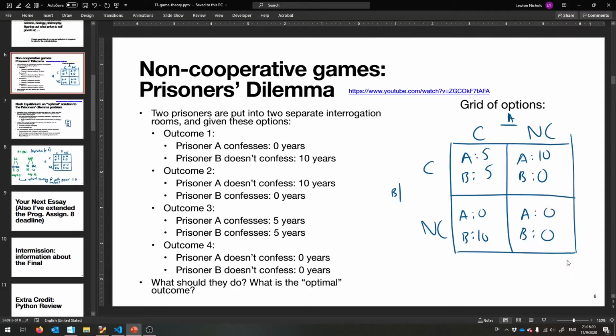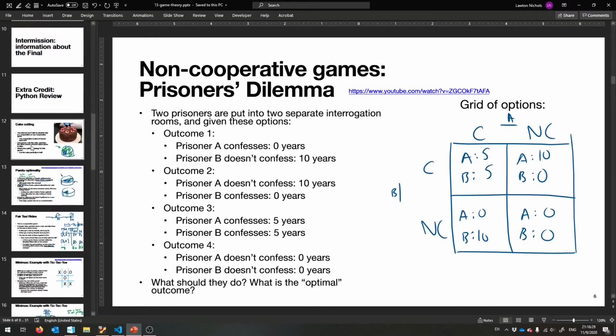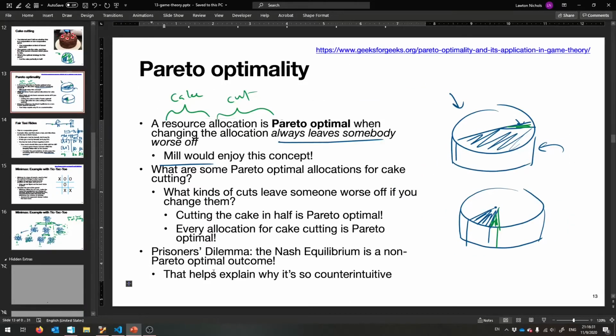If neither of them did, they would both have less time in jail, right? So the Nash equilibrium is not Pareto optimal, and that helps to explain, I think, why this process is so counterintuitive. So that is Pareto Optimality in a nutshell.